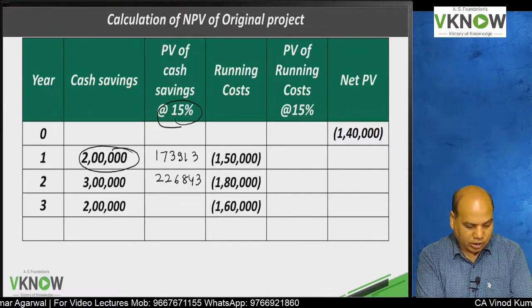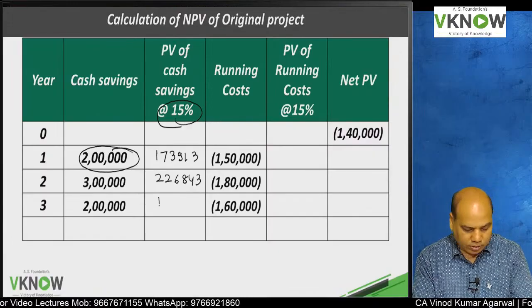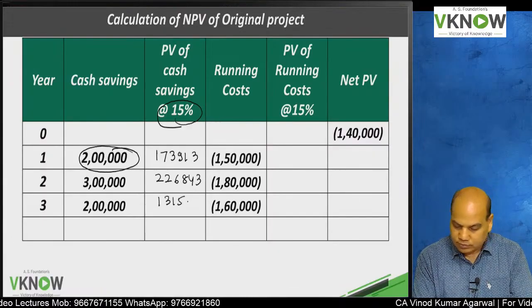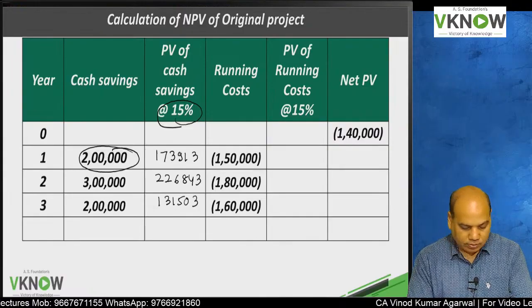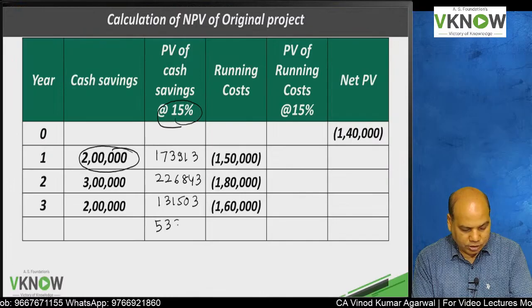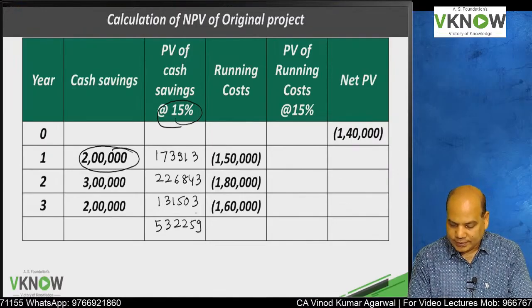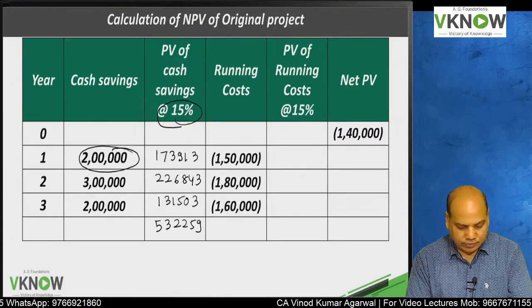Then 2 lakh divide by 1.15 3 times equal to memory plus, 131503. Memory recall, this is 532259.